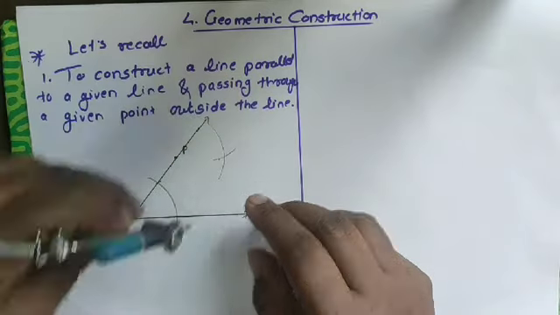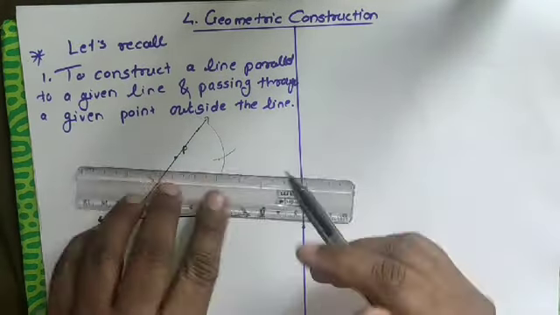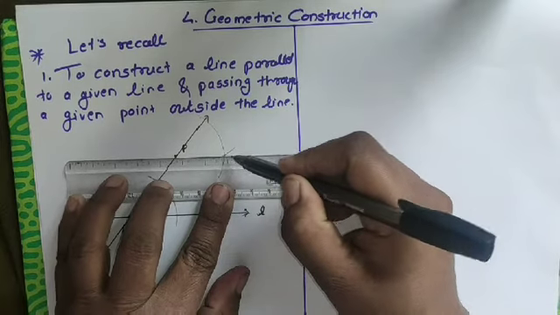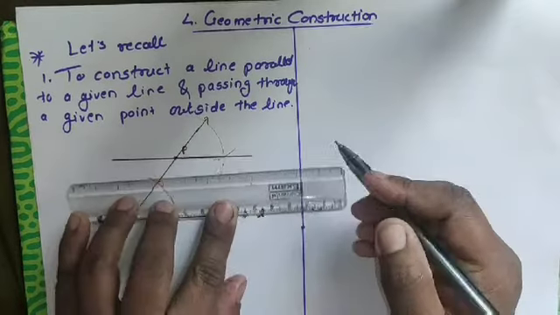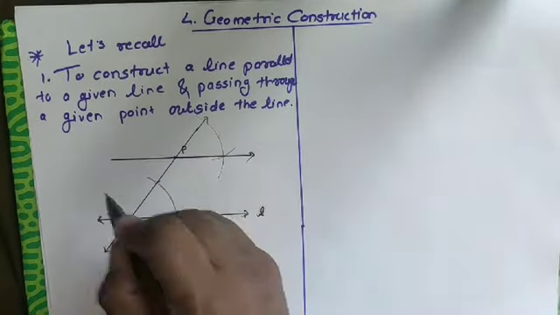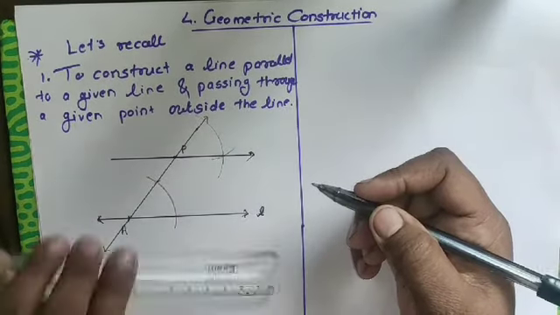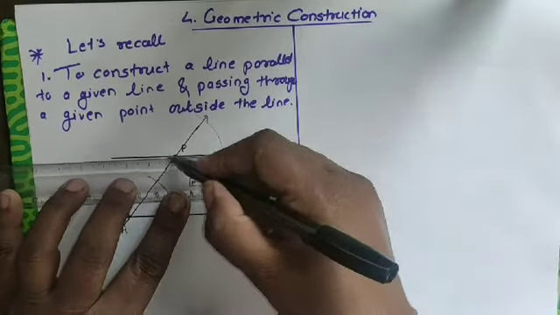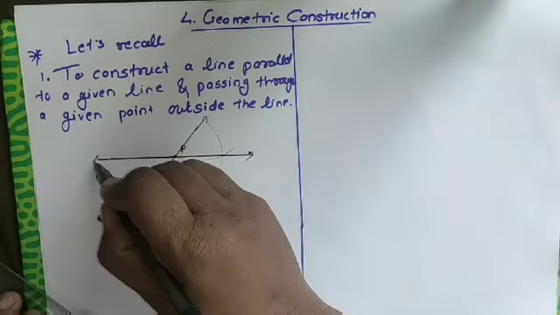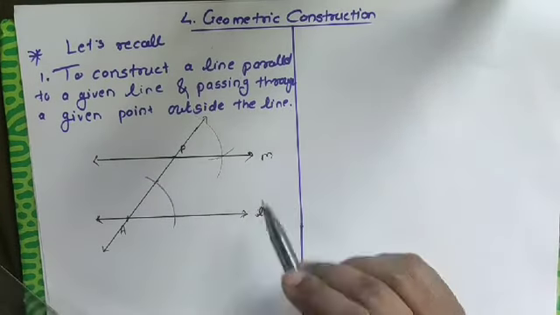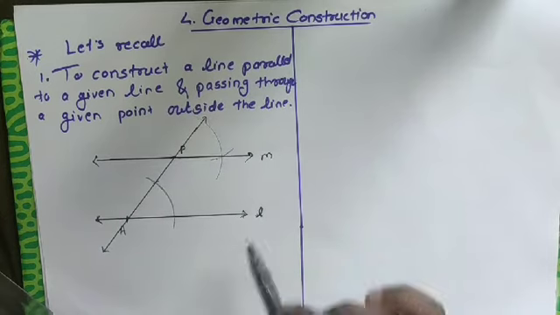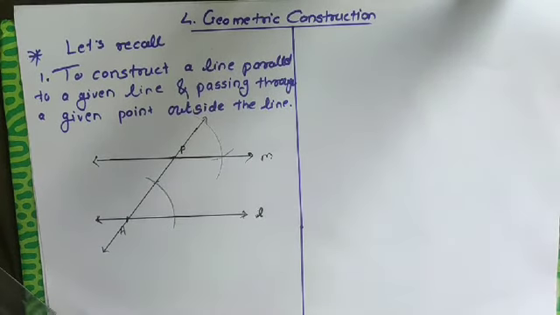Then draw the line passing through this point of intersection and point P. Then you will get the line which is parallel to the line L and passing through point P. Suppose this is my line M, and it is parallel to the line L. So in that way you have to do the construction.